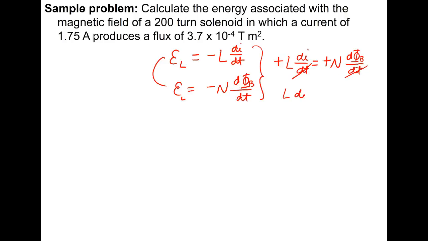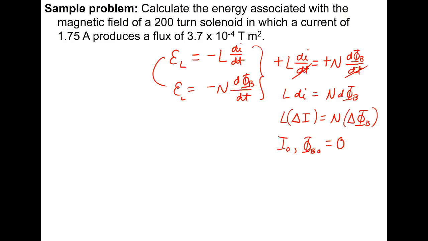So I basically have L di is equal to N d flux. And then if I pretend like di is really a large scale change, well, then I can get rid of those deltas by saying that I naught and flux naught is equal to 0.